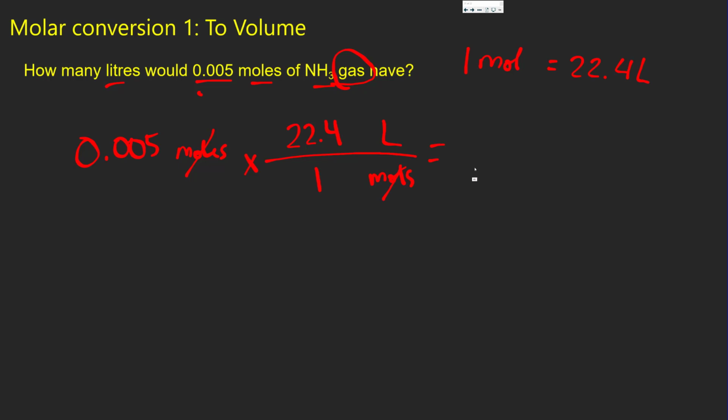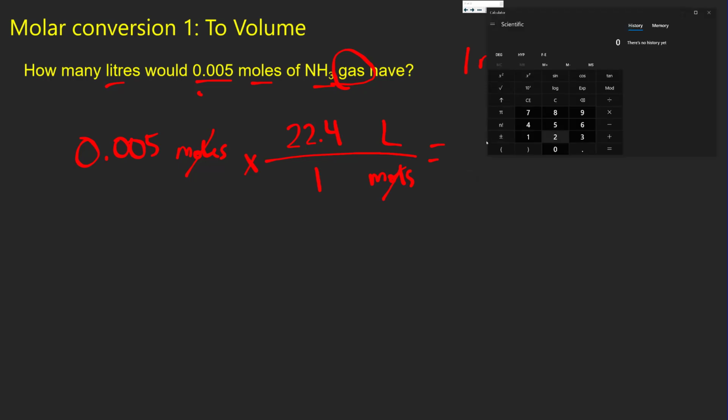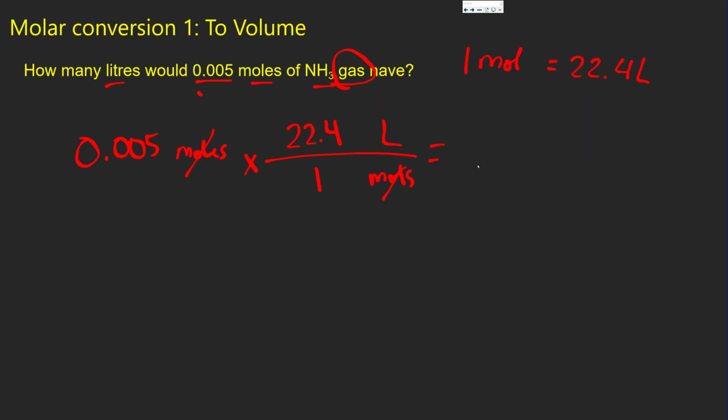Let me pull up my calculator. 0.005 times 22.4 gives me 0.112 liters. So if you have this amount of moles, you're going to have this amount of gas.